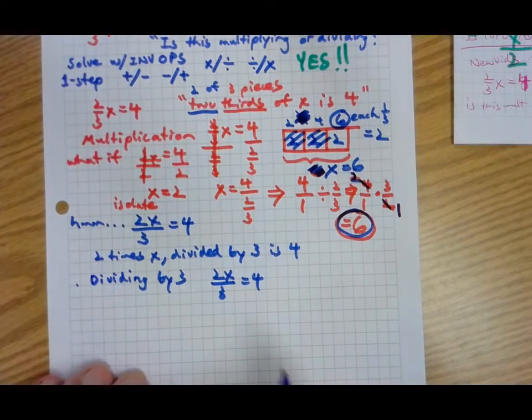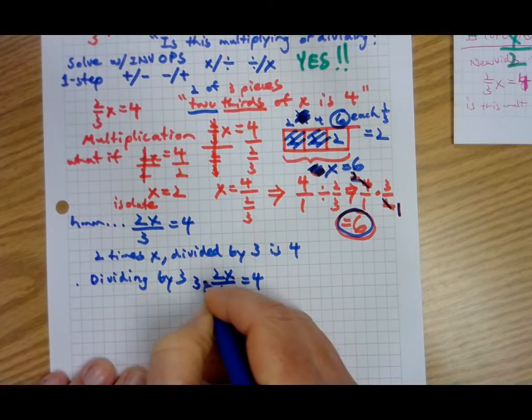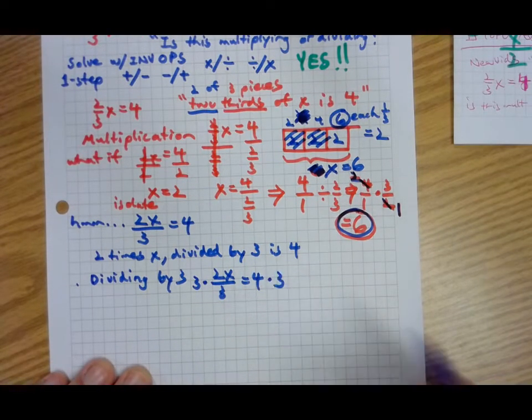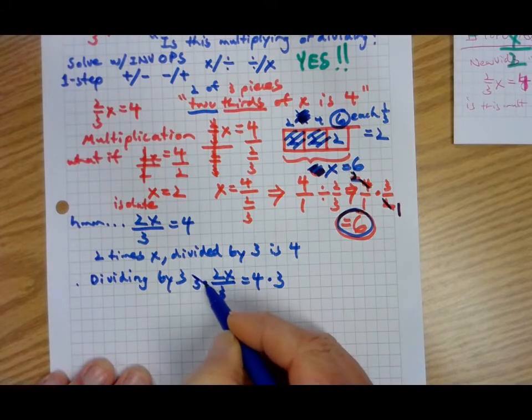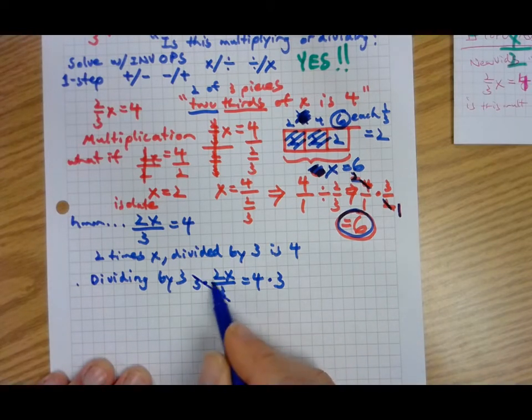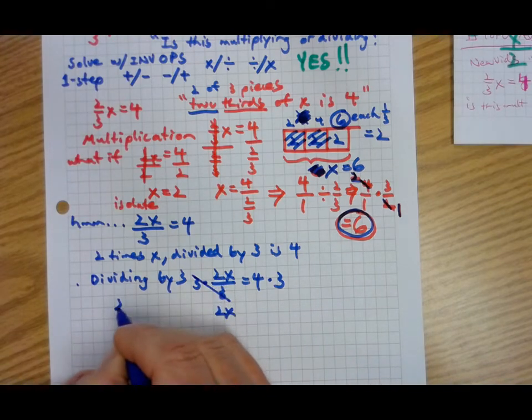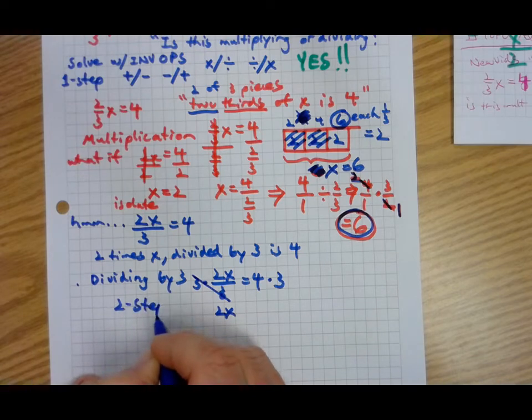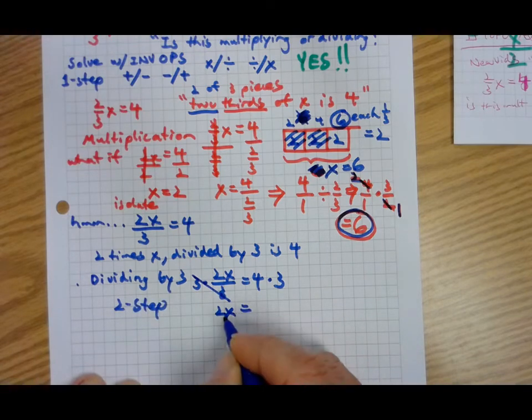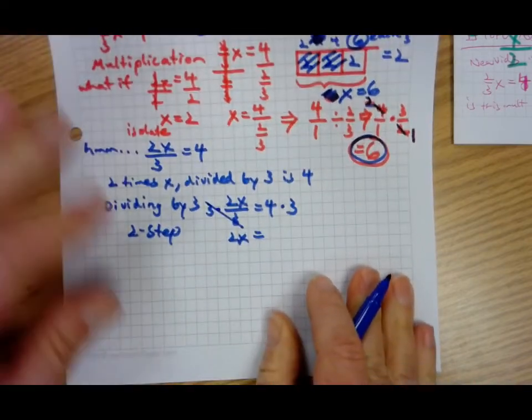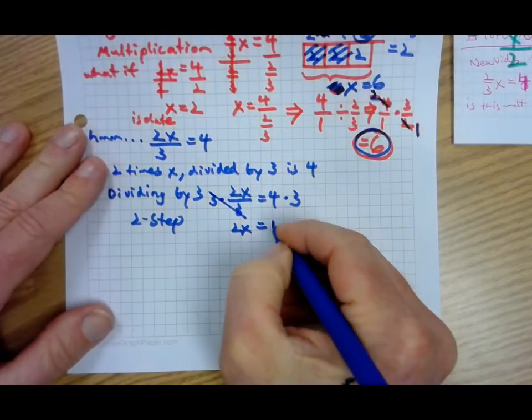So the inverse operation of that is we multiply both sides by 3, which there I get that 1, but the 1 is actually still a 2 here because this was 2x divided by 3. Now it's a 2-step equation. There we go. 2 times x equals 12.